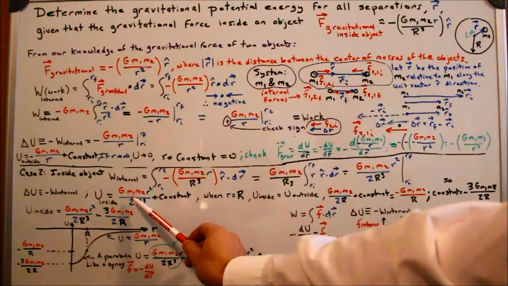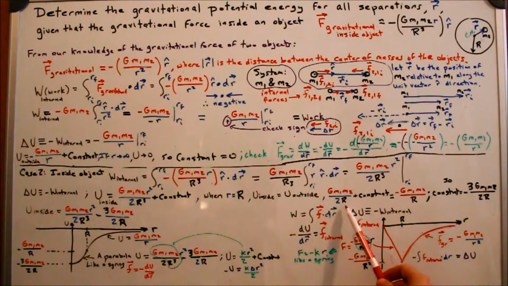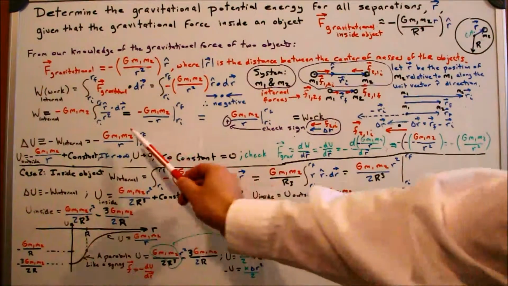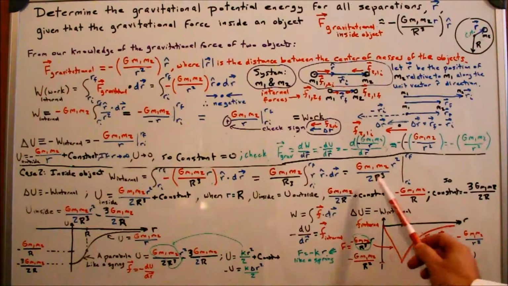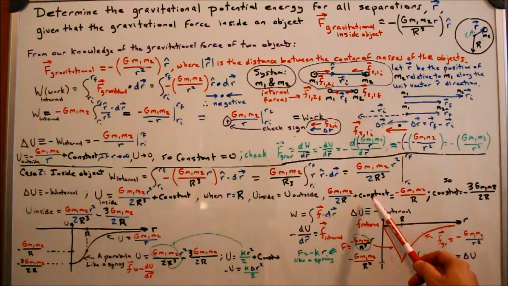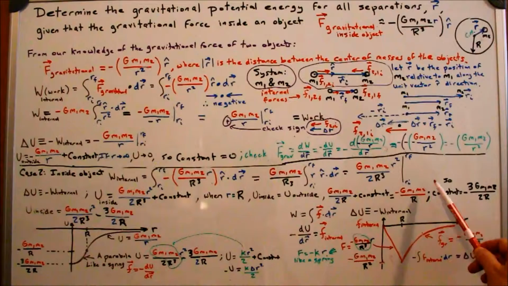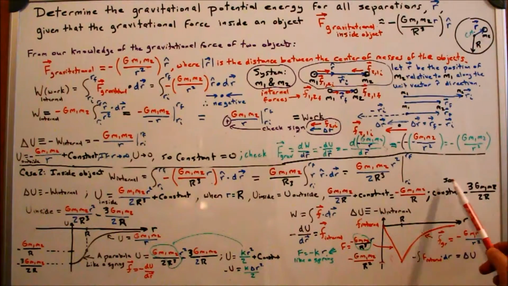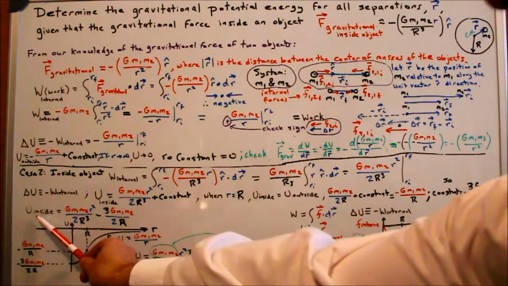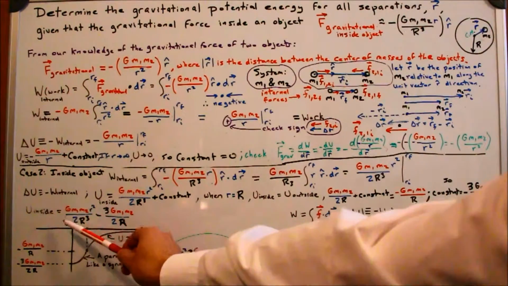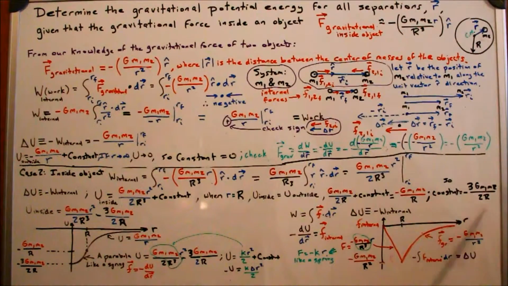That ends up with this term over 2R plus the constant, and I have this term right here where r is big R. So I can put that there. Here's my equation. I'm just going to solve for the constant. Bring this term over to here, and there's my constant term. So now I know my constant term. For the complete form of the internal gravitational potential energy, I have this term plus the constant, which is this minus term right here.